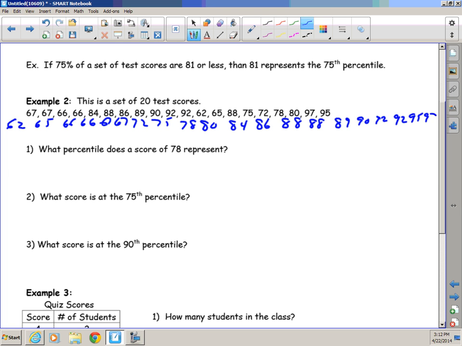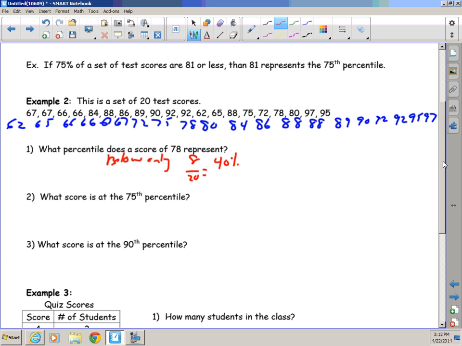All right, pretty boring watching me write that out, but such is life. Okay, now, if they give you this type of question, it usually is a multiple choice, because then the answer will be pretty clear. What percentile does a score of 78 represent? Well, if we went with the definition of below only, then there's 1, 2, 3, 4, 5, 6, 7, 8 below out of 20, which means it's the 40th percentile.